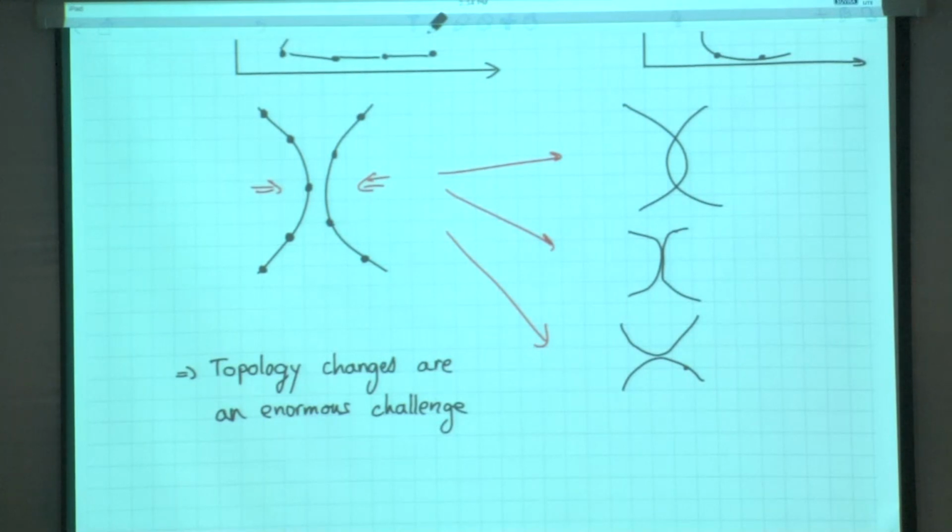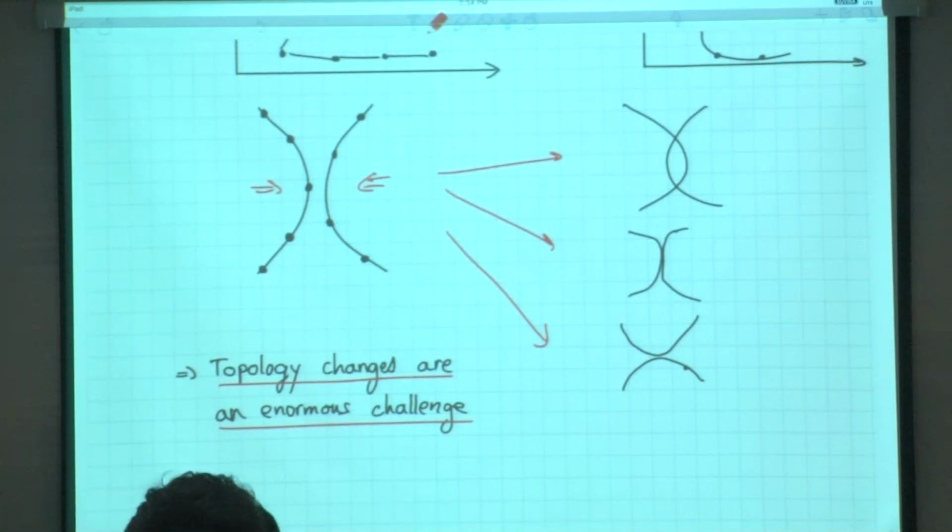And so stemming from this observation, that it's very difficult for us to deal with those reconnections and overlapping points, comes the second problem, which is that if you actually design a method that has the capability of dealing with those situations, it is a very involved and complex method.